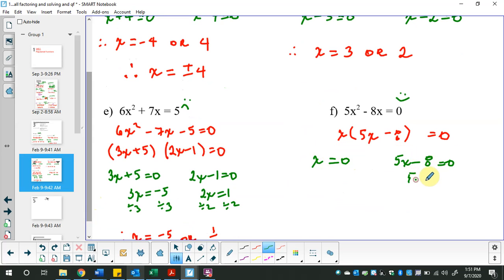This one we've got some fiddling to do. I'm getting messier and messier. So we get an answer of x equals 0, or 8 over 5. Now, if I were you, I'd be taking a mini break right here. I've got one more question, and then we move on to the last little bit, I think.